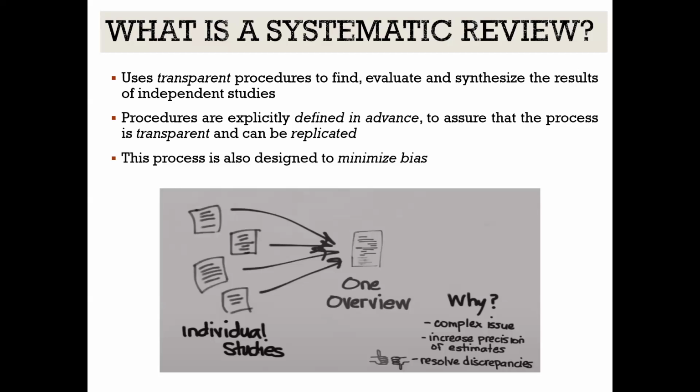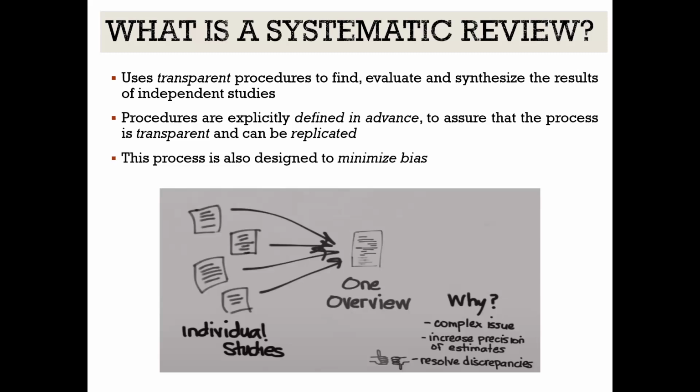Procedures are explicitly defined in advance to assure the process is transparent. The procedure should be defined in advance, meaning you should tell what the inclusion is and what the exclusion is.